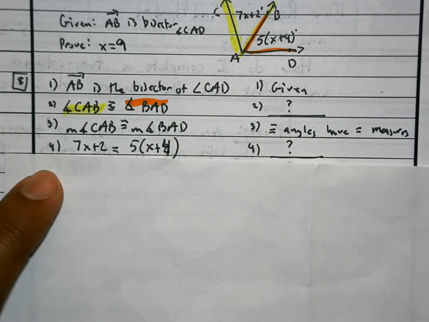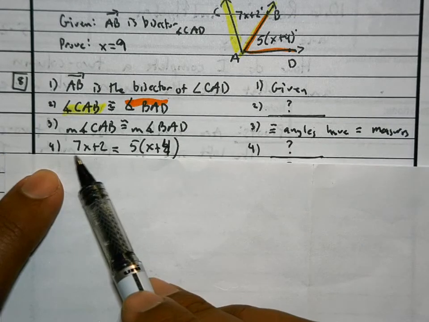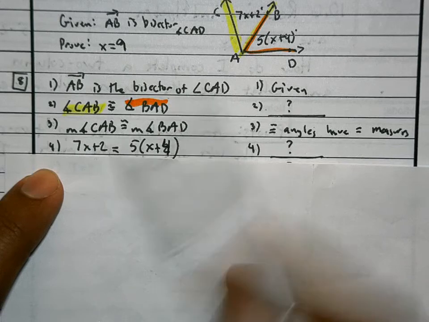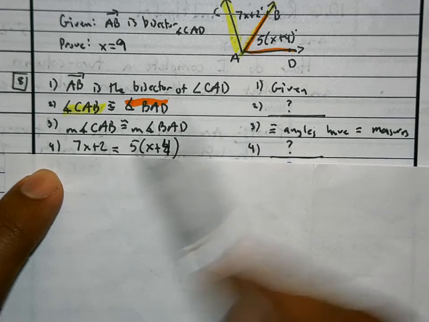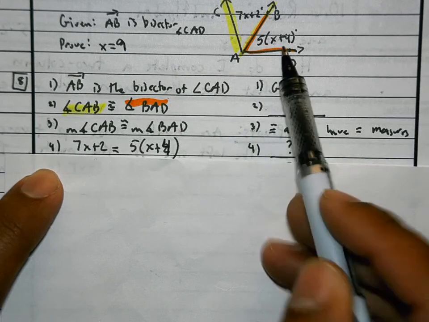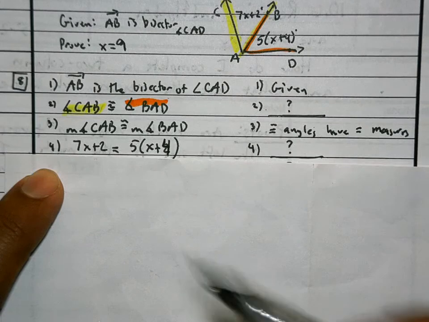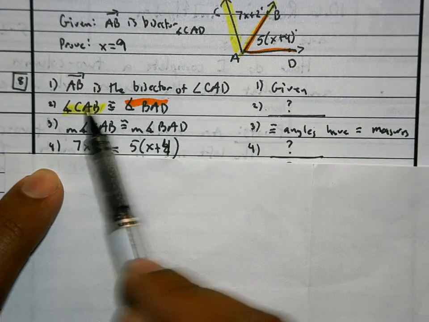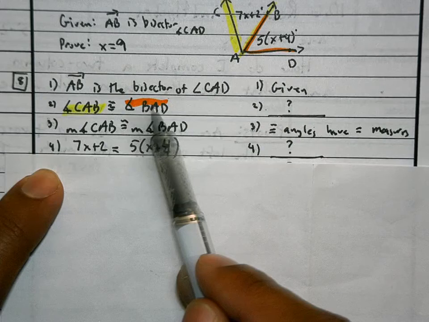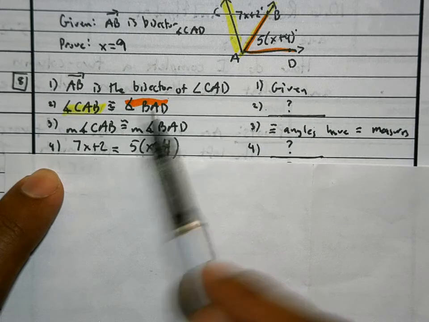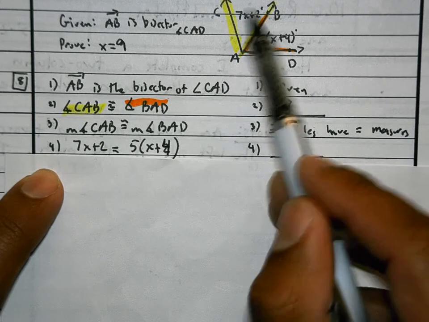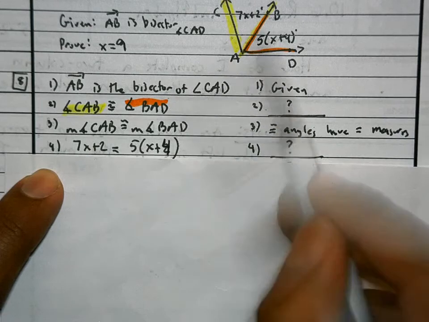How do we know that 7x plus 2 is equal to the 5x plus 4? What did we do now? We've already proven that the yellow angle is the same as the orange angle. What are we doing now that we're putting in this value in for angle CAB?